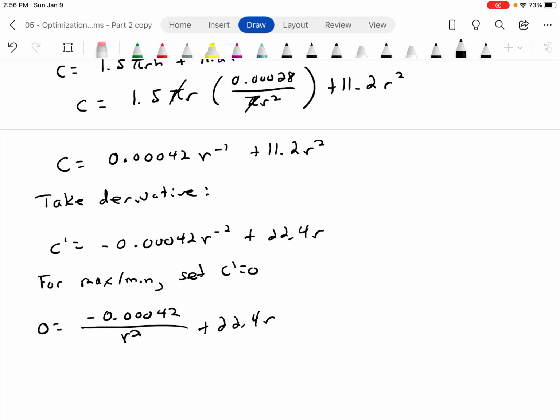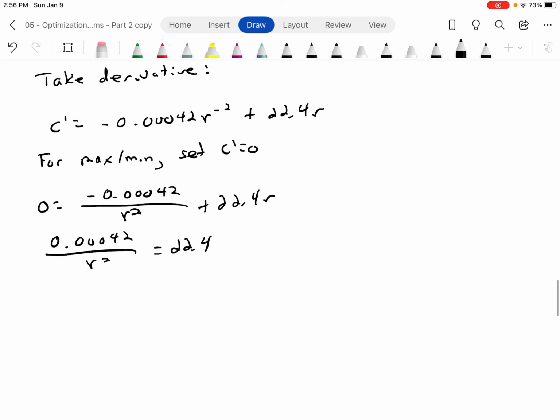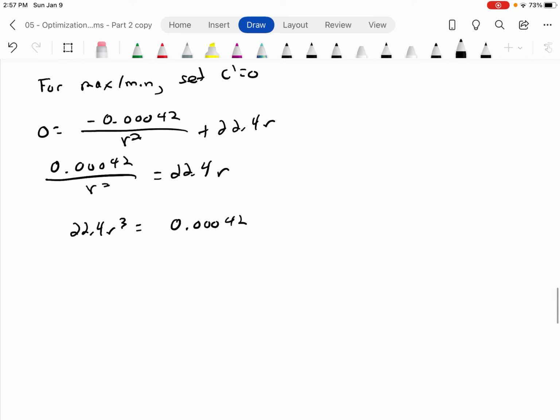That would totally work. Generally speaking, if it's only two terms like this, I just get one on one side and one on the other, and then I cross multiply here. So I'll get 22.4 r cubed equals 0.00042. And once I've got that settled out, life's a lot better.